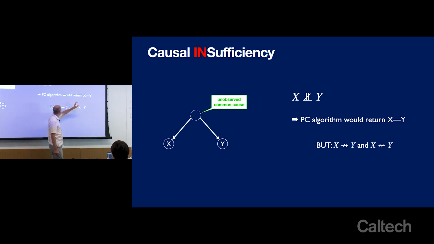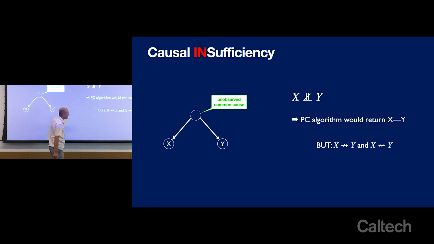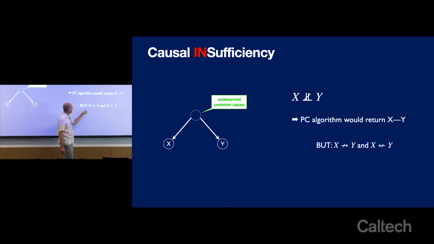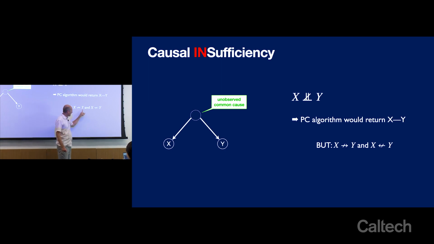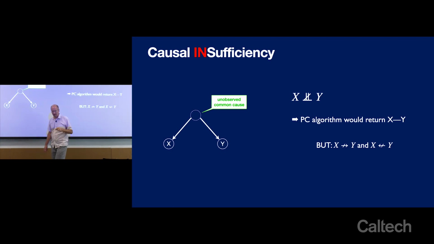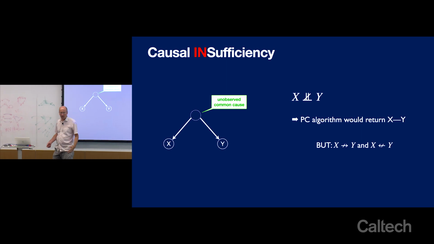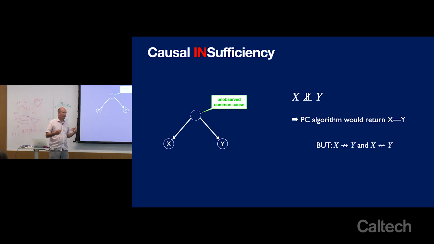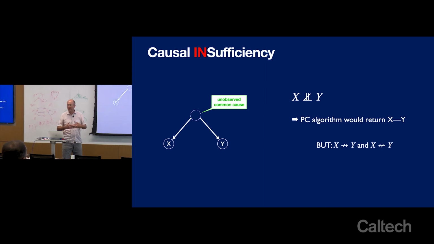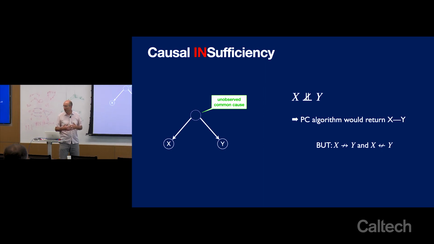It wouldn't be able to say which way the edge is going. But of course, in this case, we know that neither x causes y nor y causes x. So we get an error. If there are unmeasured common causes, basically our output graph will have too many edges in it.